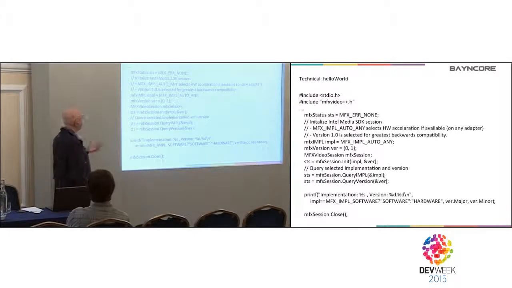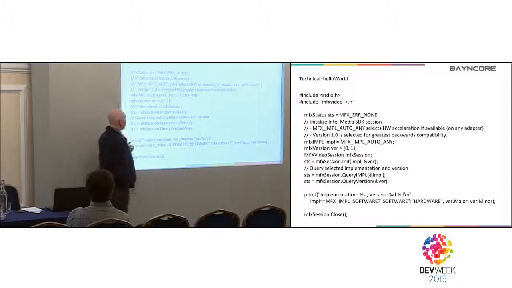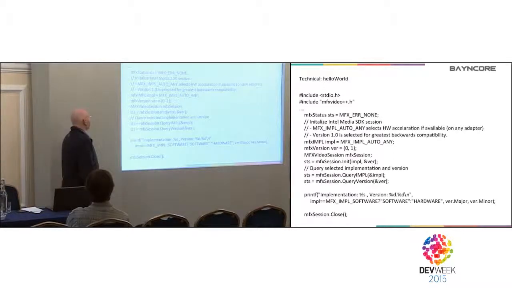Okay, we'll start an object up to run on the hardware. Then you can do various things like query it for the implementation and the version. All this does is say, let's check what hardware we've got. If it's not supporting the graphics unit, then we will run the software library. That's all it says.